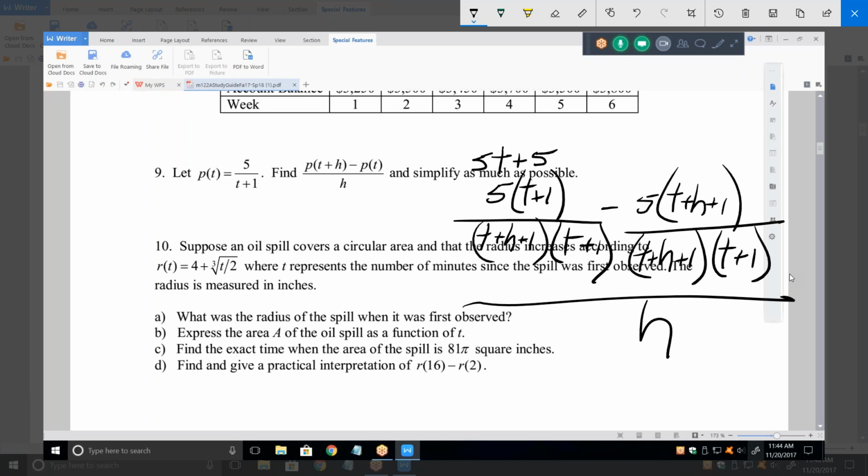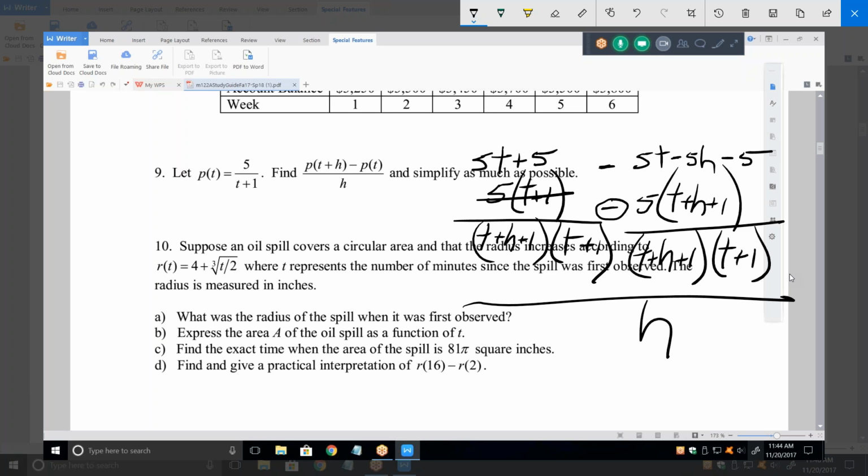Okay. Distribute this 5. 5t plus 5. 5t minus 5h. You got to take that negative sign and apply it to everything in the parentheses. Minus 5.